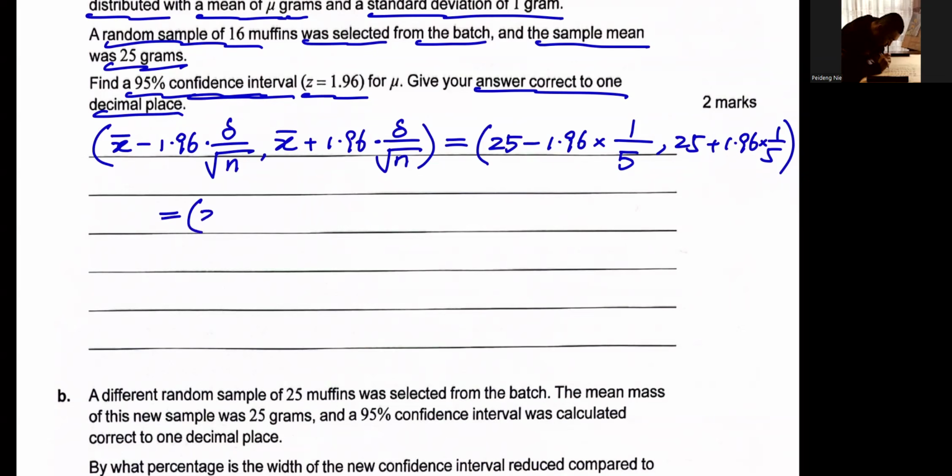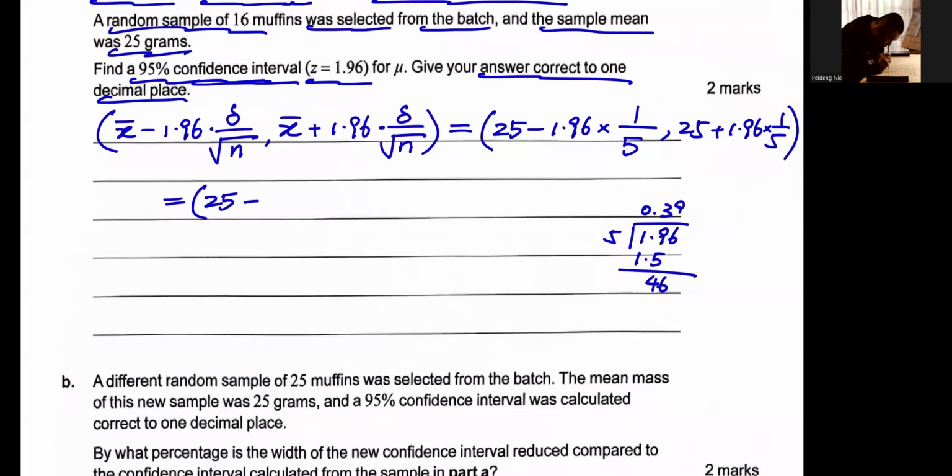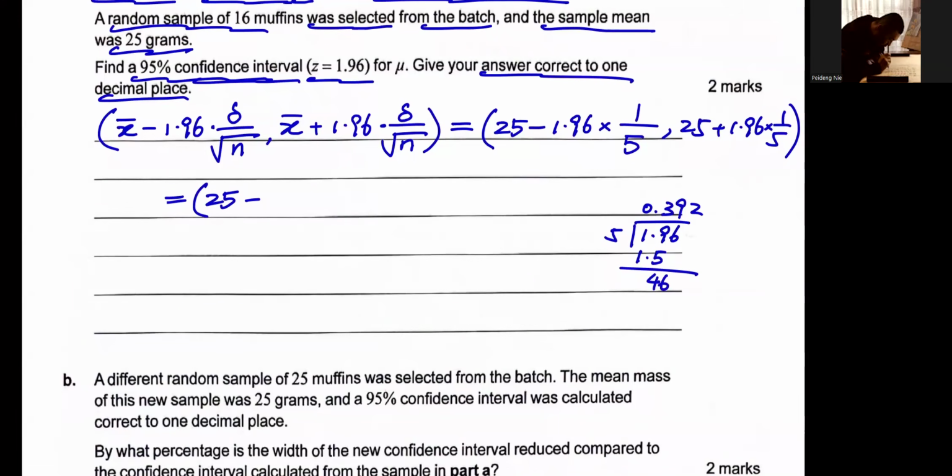So let's say 25 minus, if you divide 1.96 by 5, I suppose you should get 0.392.